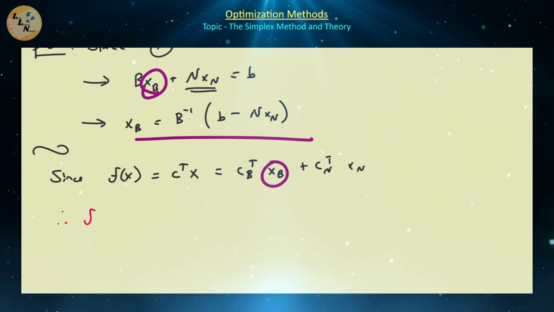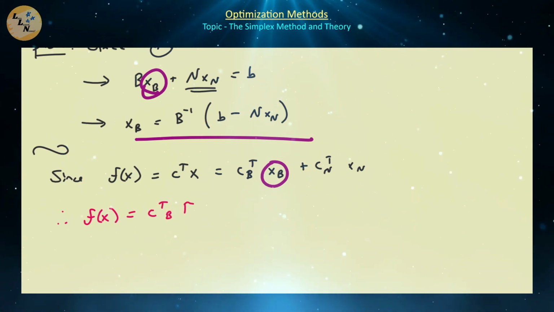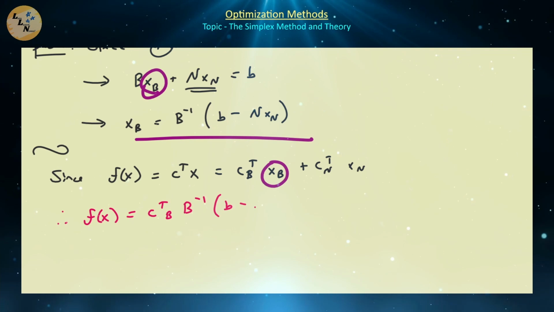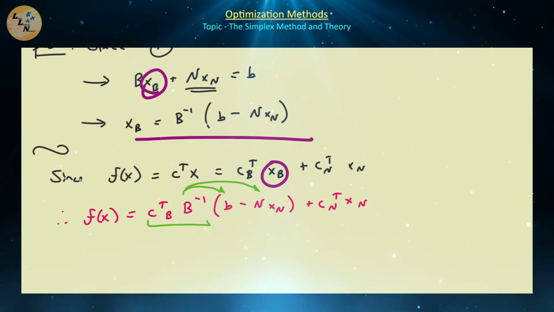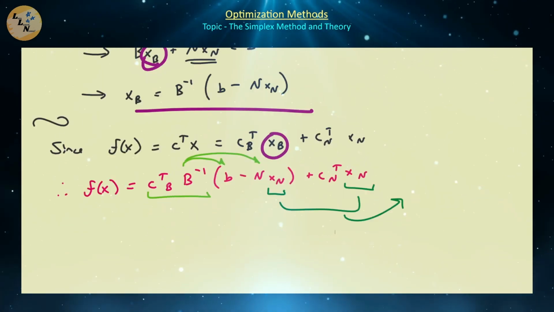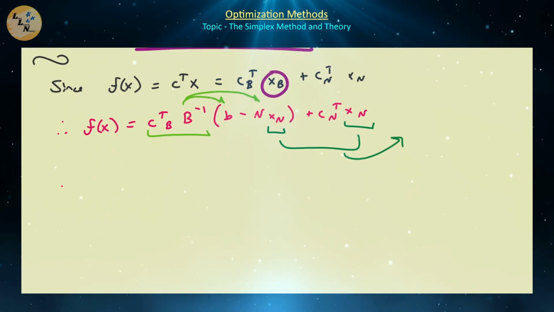That means f of x is equal to cB transpose times B inverse times b minus NxN, plus cN transpose times xN. Now we can distribute this quantity to b and also NxN, and then regroup in terms of xN, because notice we're going to have two xN terms, so we can factor xN out of the right-hand side of those two terms once we get them together.